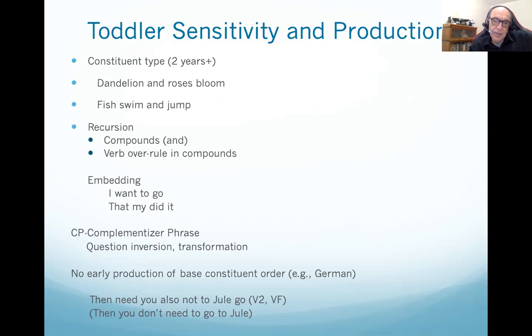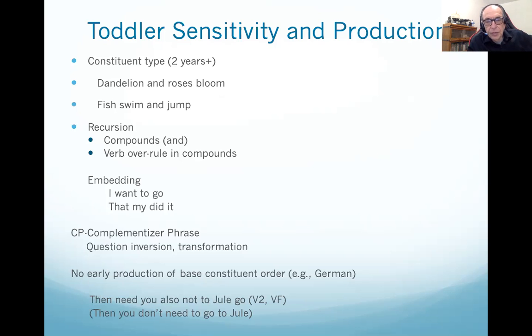So, "you need to go to Julie" is a sentence that has 2 verbs, doesn't it? It has the verb need and the verb go. Well, in English, it's you need, and then that's followed by a verb, the verb showing up after a subject.